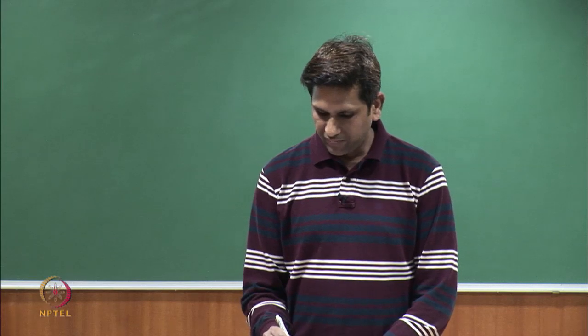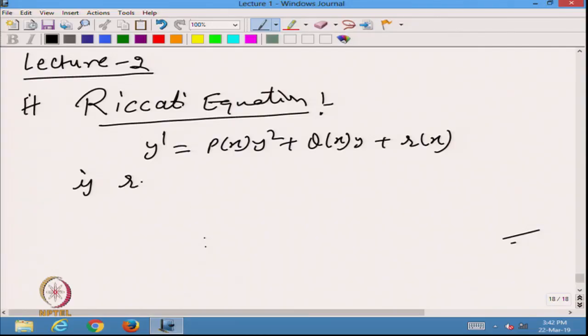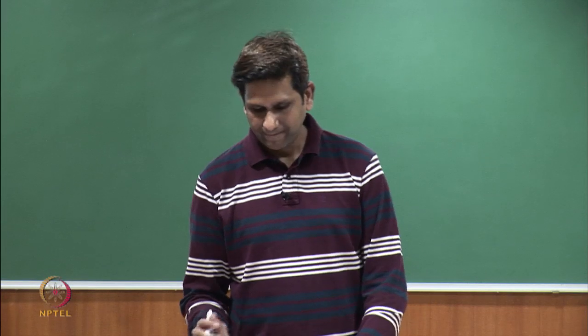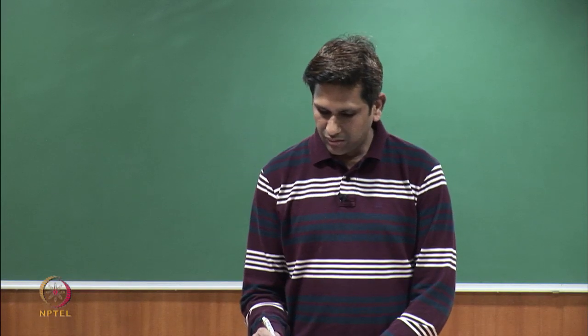Now, if in this equation I put r equal to 0, then the equation becomes y dash minus q(x) y is equal to p(x) y square. That is the Bernoulli form with n equal to 2. So, this is the Bernoulli equation for r equal to 0.